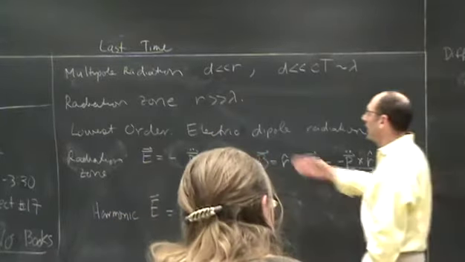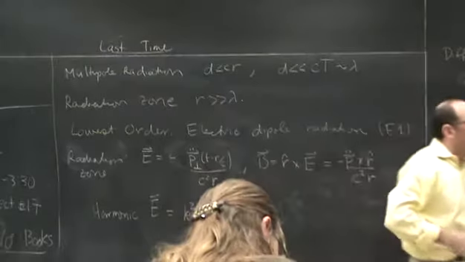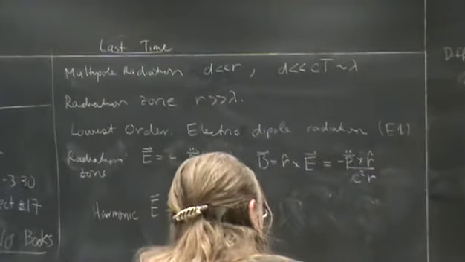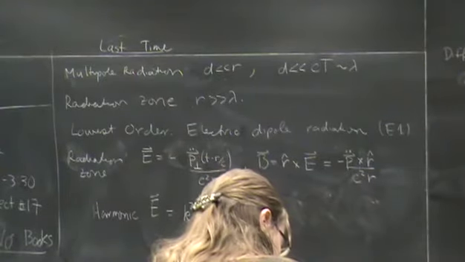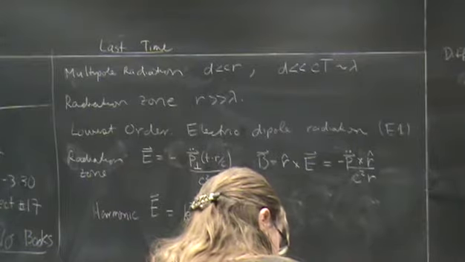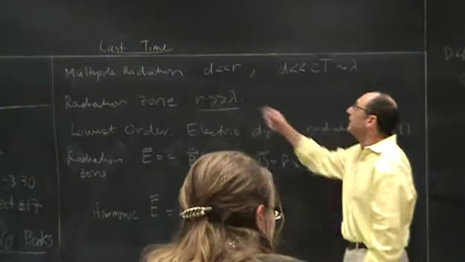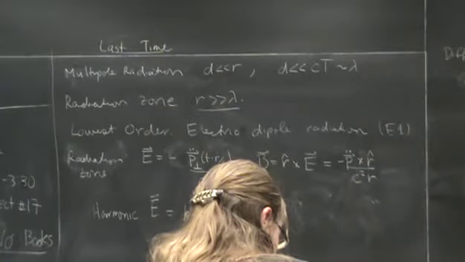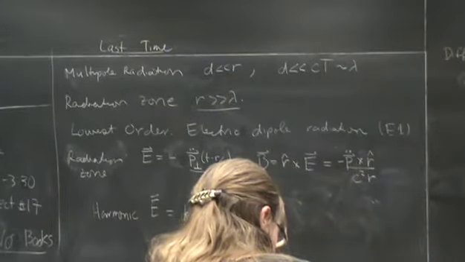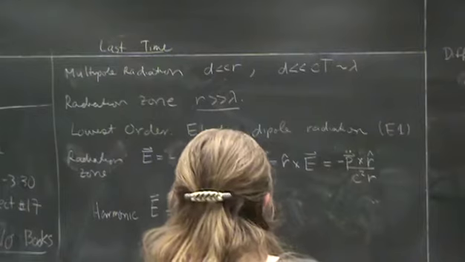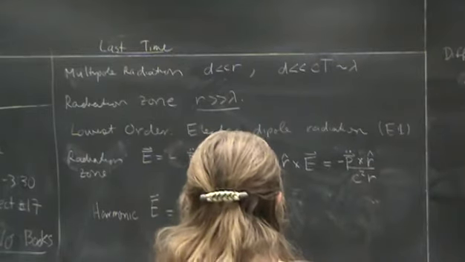And then we were looking at the fields in the so-called radiation zone, when we are looking at it at distances that are big compared to lambda. That's the region in which the radiation dominates.